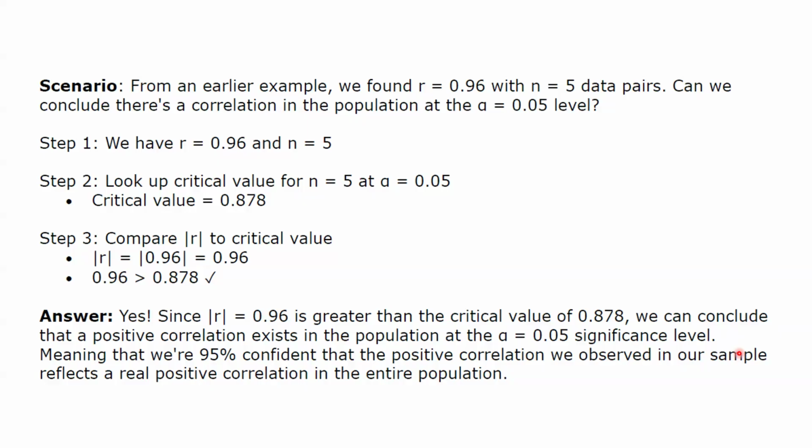So since 0.96 is greater than the critical value of 0.878, we can conclude that a positive correlation exists in the population at the alpha equals 0.05 significance level. What this means is we're 95% confident that the positive correlation we observed in our sample reflects a real positive correlation in the entire population.